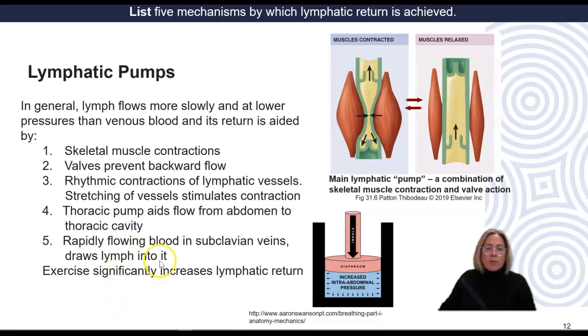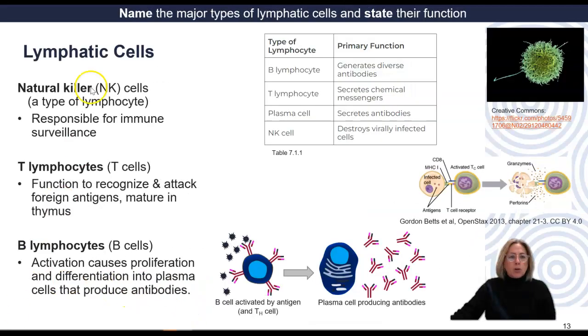We also have rapidly flowing blood in the subclavian veins, which will draw lymph into it, and exercise, of course, will significantly increase lymphatic return.